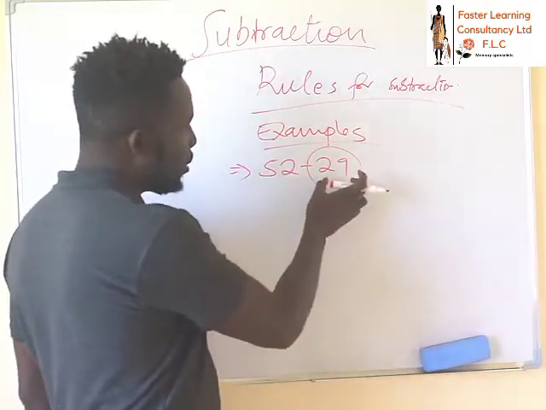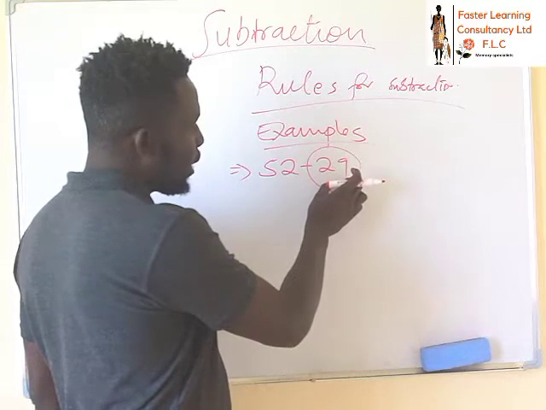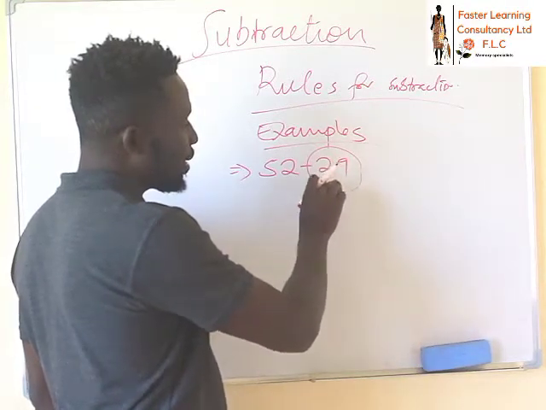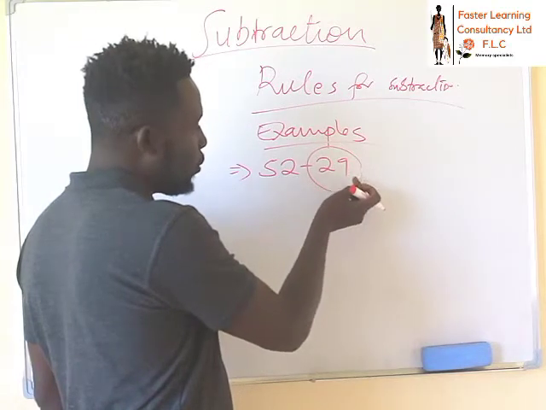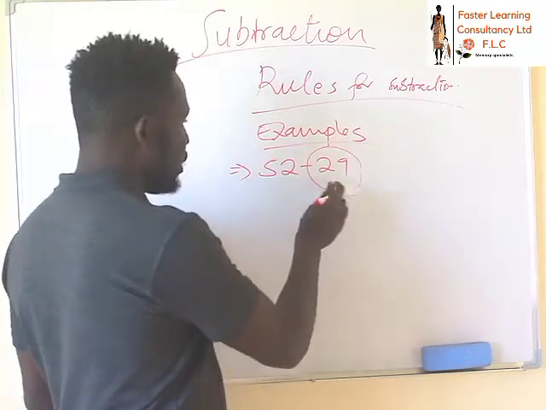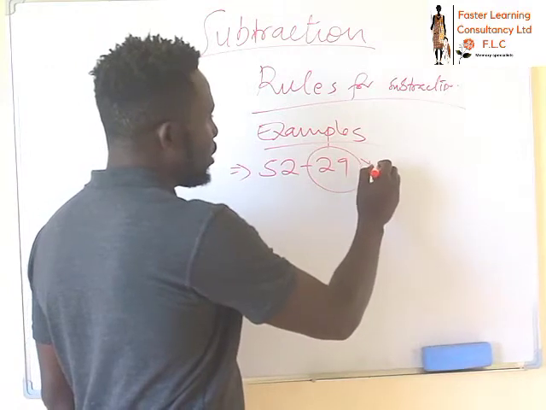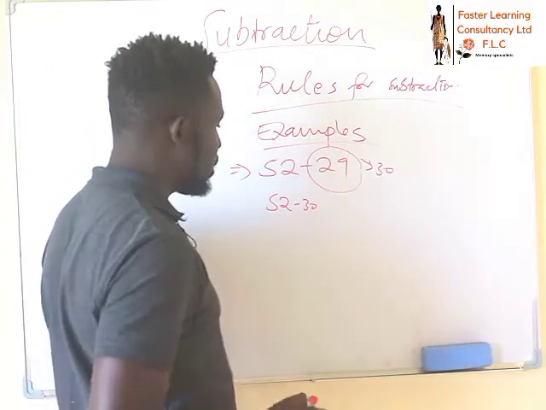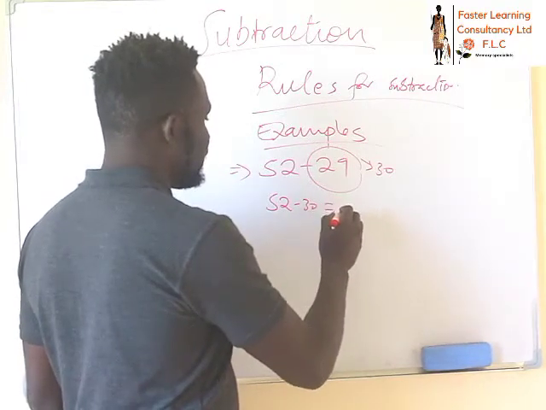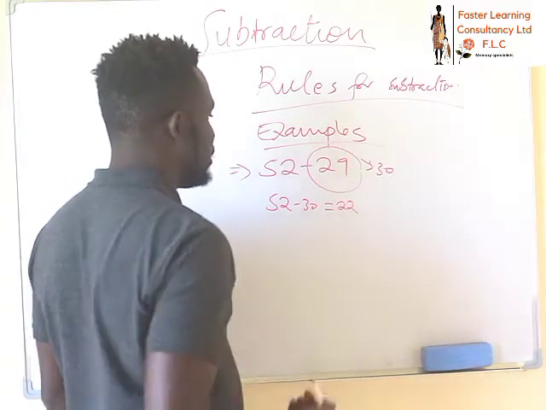We are going to promote it to 30, so we say 52 minus 30, which gives us 22.